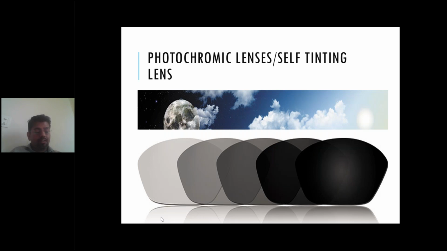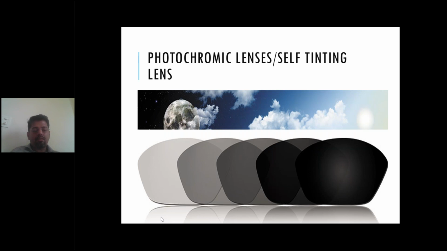And Sheikh, I'll take a question again. No, there's no difference between photochromatic and transition. Transition is the same thing. I think Essilor gave the word transition to photochromatic lenses. So there is no difference between photochromatic and transition lenses. They both are the same. They're just playing with the words.